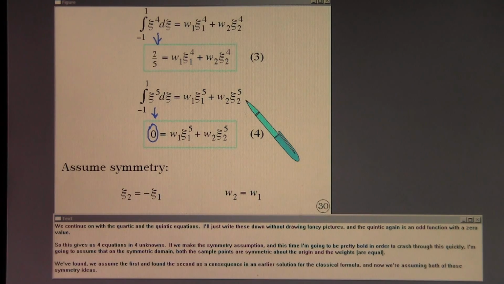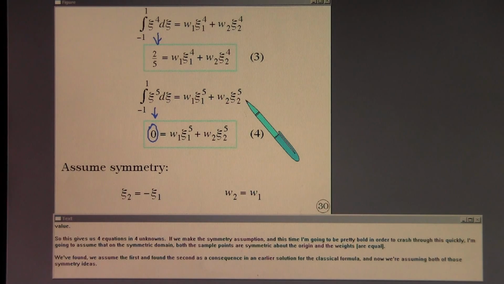If we make the symmetry assumption, and this time I'm going to be pretty bold in order to crash through this quickly, I'm going to assume that on this symmetric domain, both the sample points are symmetric about the origin and the weights. We assumed the first and found the second as a consequence in an earlier solution for the classical formula, and now we're assuming both of those symmetry ideas.